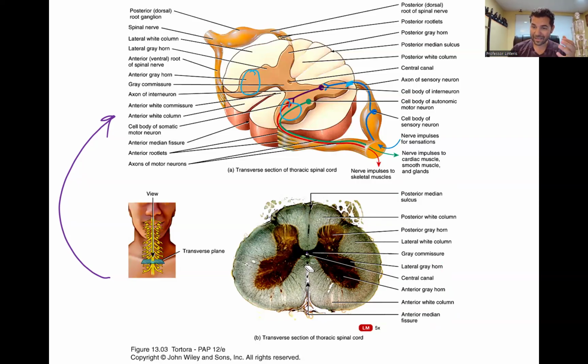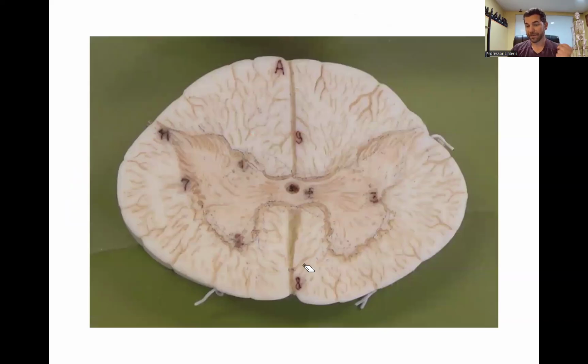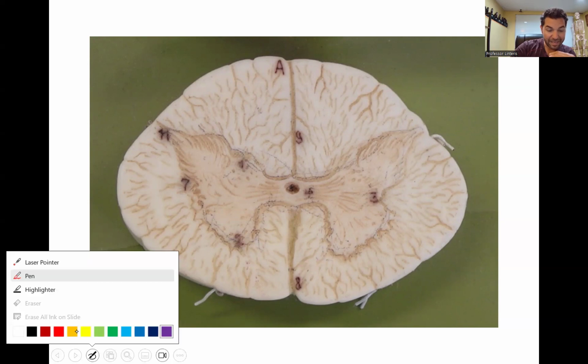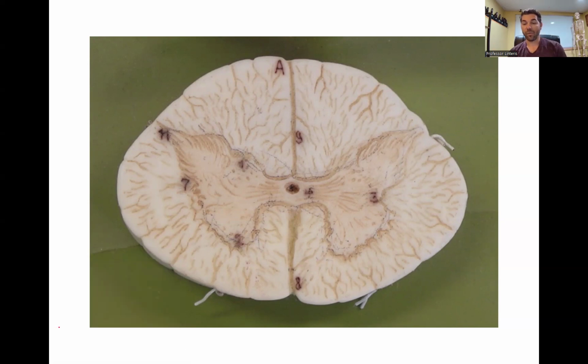And I'm going to highlight some of these structures on this model, right? So I look at this, okay, maybe the anterior horn on this picture isn't quite as big as it was on the previous one. But one thing I can use to figure out what's what is the fact that these horns are pointing towards the back.